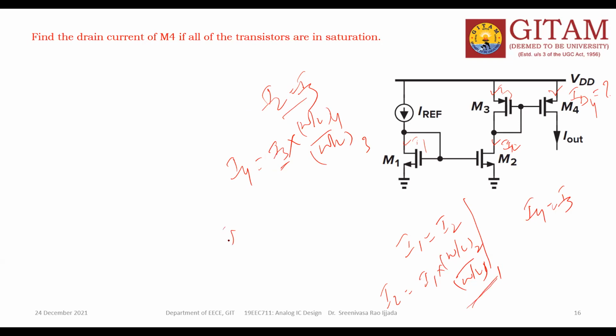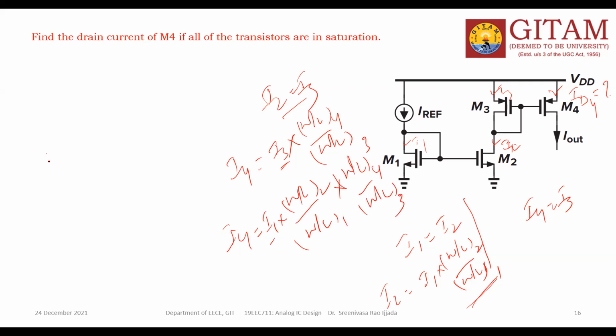So you can substitute: I4 is equal to I1 multiplied by W by L of 2 by W by L of 1, multiplied with W by L of 4 by W by L of 3. What is I1? I1 is equal to I reference.